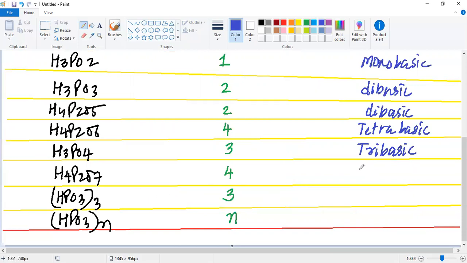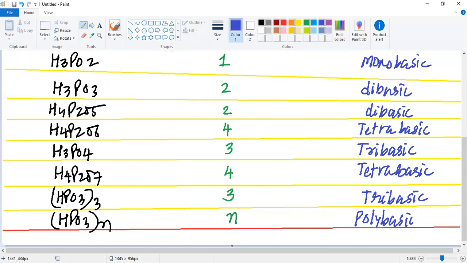Then H4P2O7 is again tetrabasic. Then (HPO3) thrice is tribasic. And (HPO3)n is polybasic, my dear students.